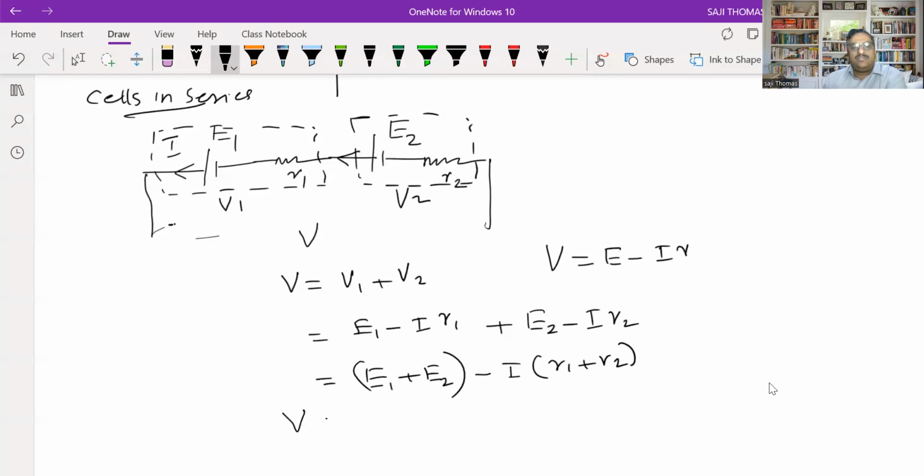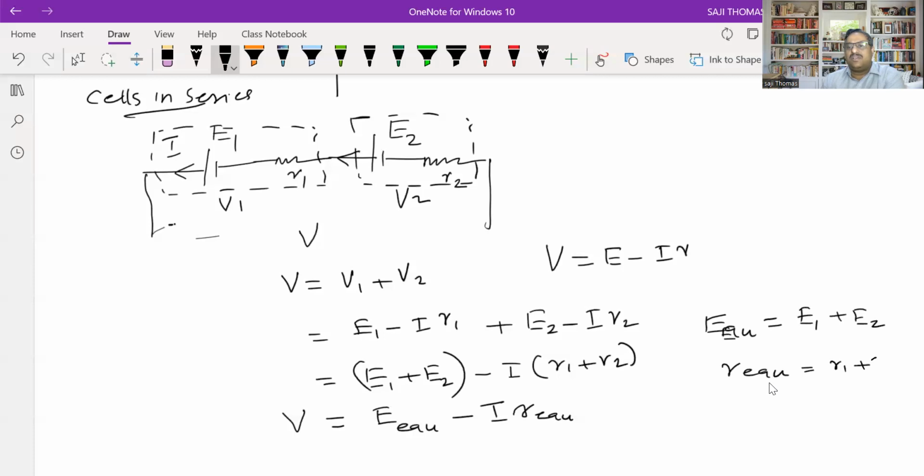V equals, we rewrite this as E equivalent minus I into R equivalent. So what is the equivalent EMF of the combination? E equivalent equals E1 plus E2, and R equivalent is R1 plus R2.